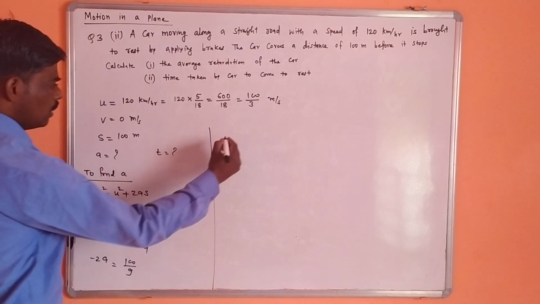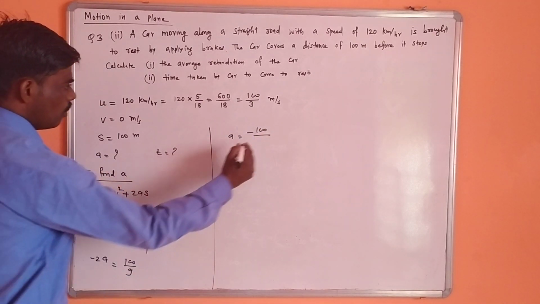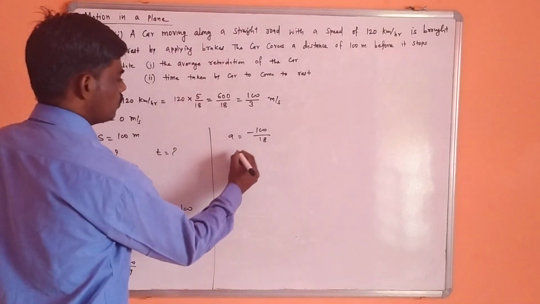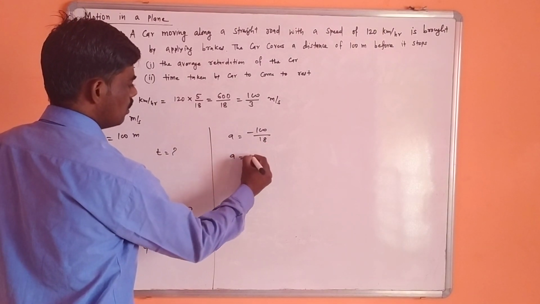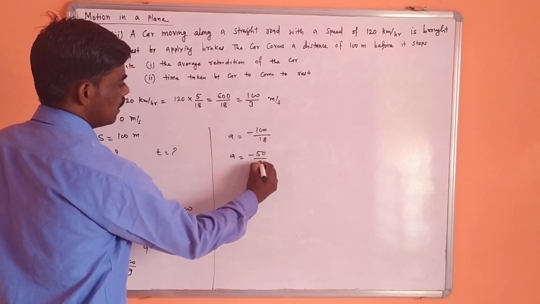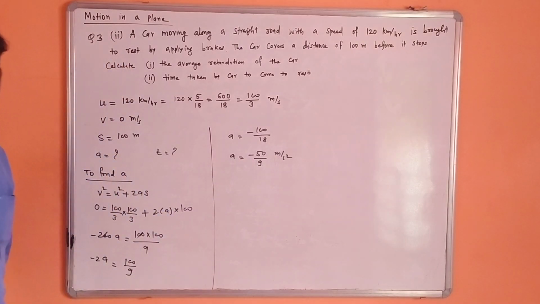Therefore a is equal to minus 100 by 18, negative acceleration. It is in meter per second square.